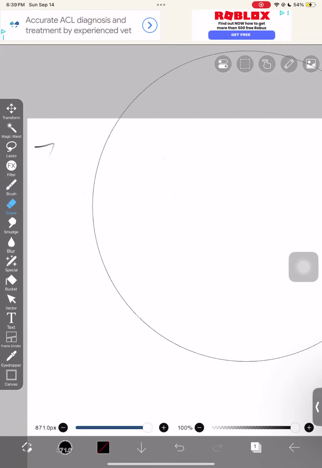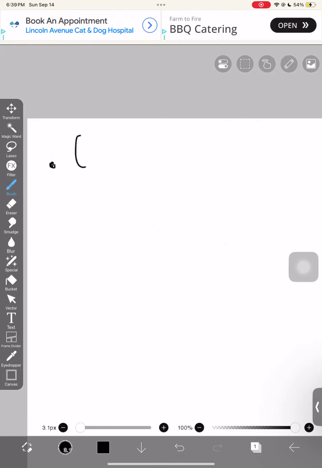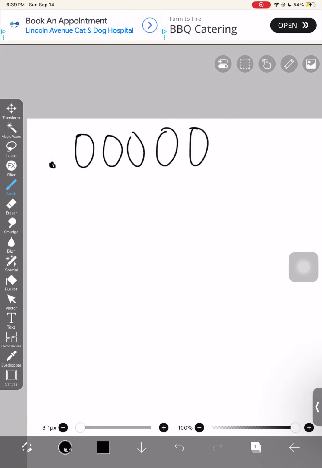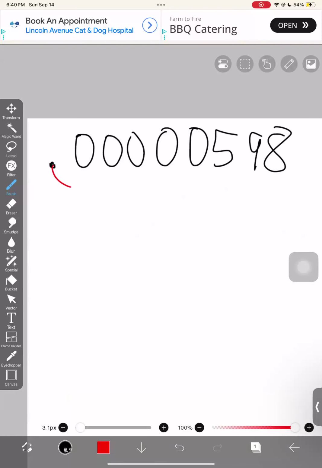On the other hand, if it's a very, very small number like this, right, our exponent has to be negative. So 1, 2, 3, 4, 5, 6.